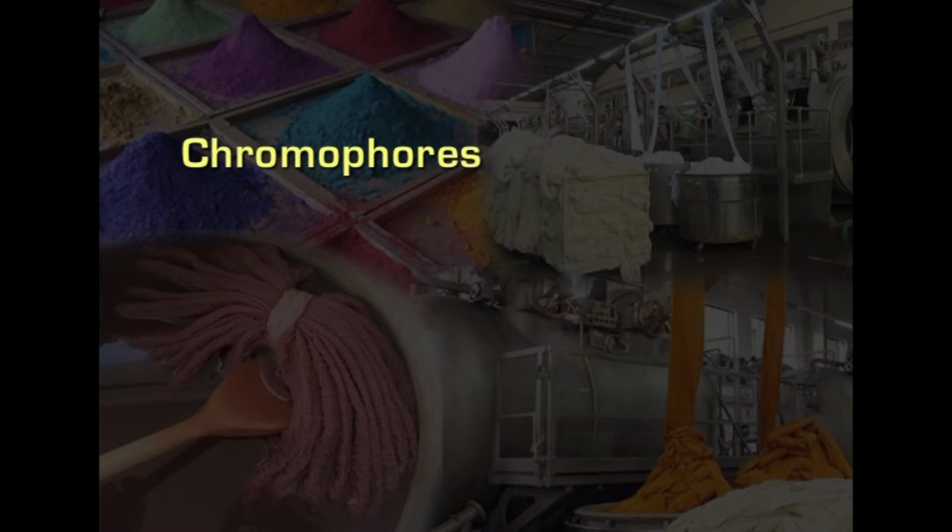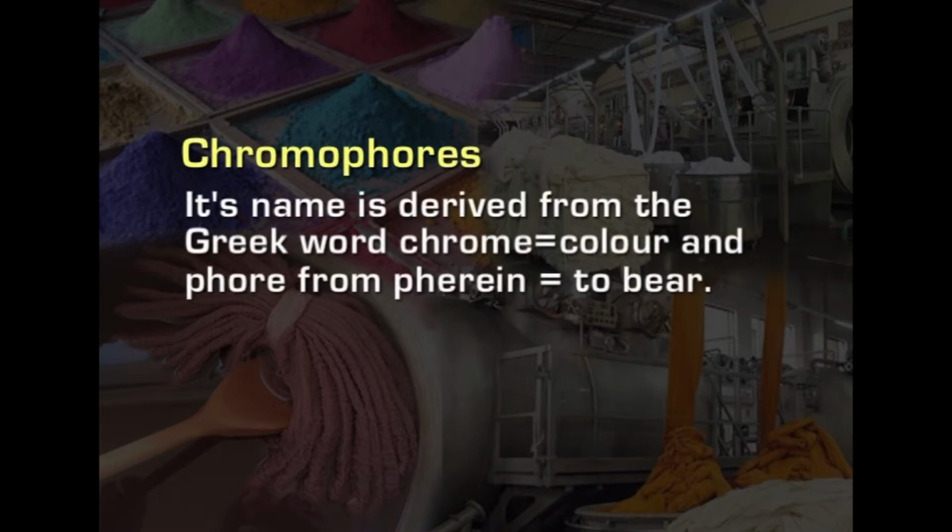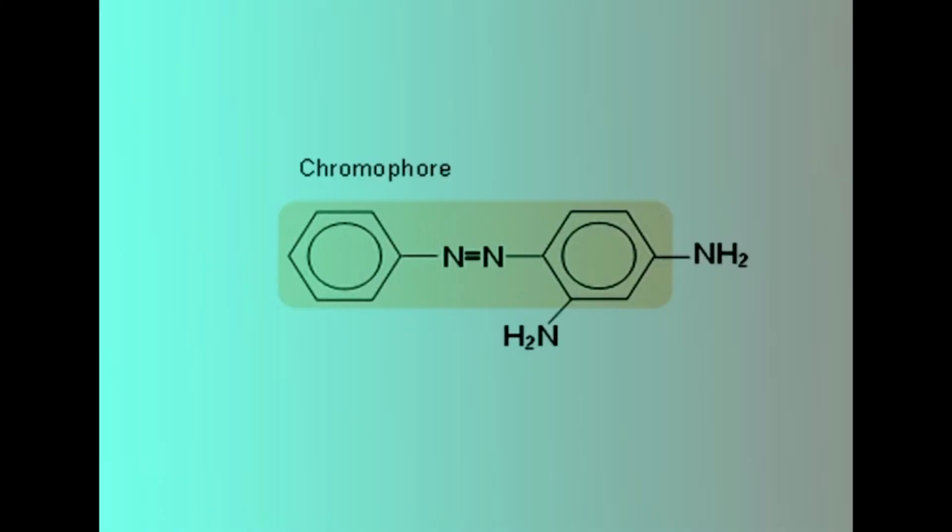Coming to the chromophores, this name is derived from the Greek words chroma, meaning color, and pherein, meaning to bear. These chromophores are unsaturated organic radicals. Their specific state of unsaturation enables them to absorb and reflect incident electromagnetic radiation within a very narrow band of visible light.